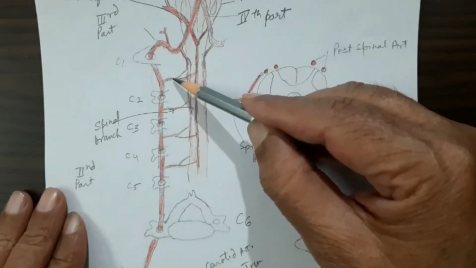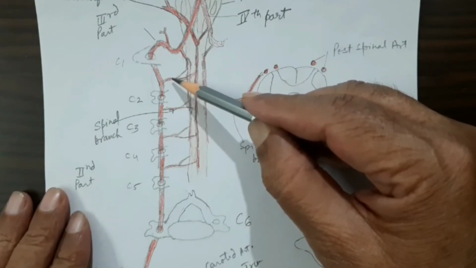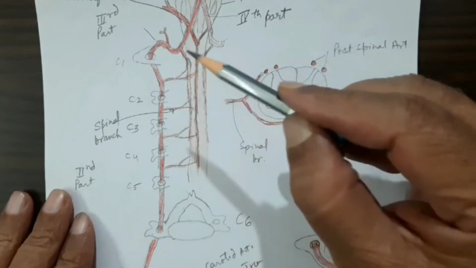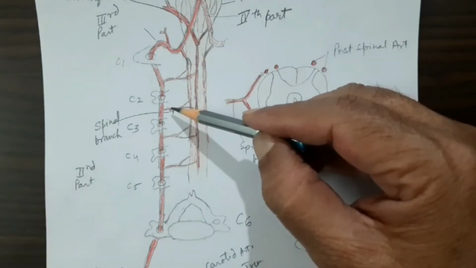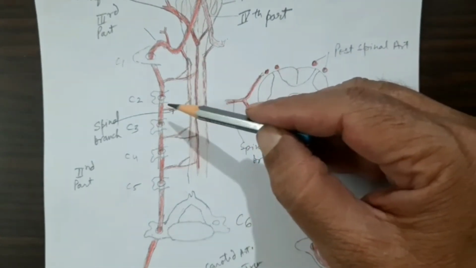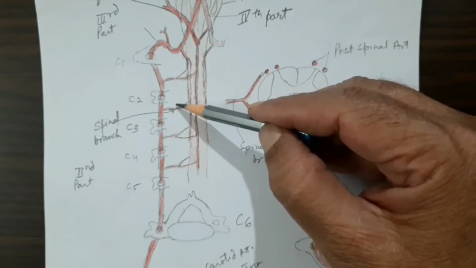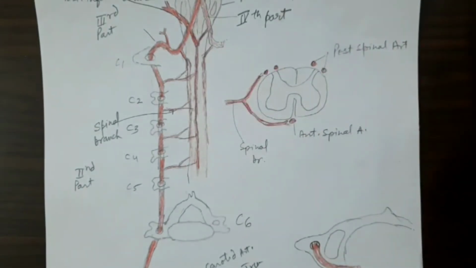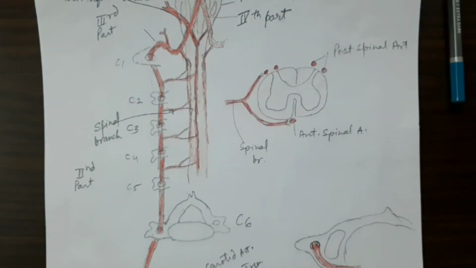This is called the spinal branch of the vertebral artery, which will go into the vertebral canal. How? After taking its origin, it will go through the intervertebral foramina, and then after piercing the dura mater and arachnoid mater, it will lie on the surface of the spinal cord.